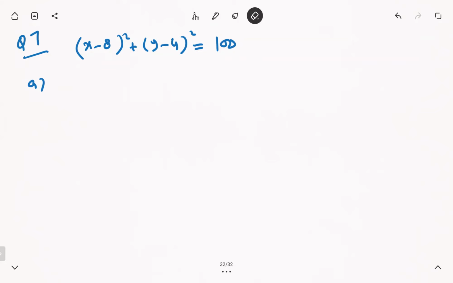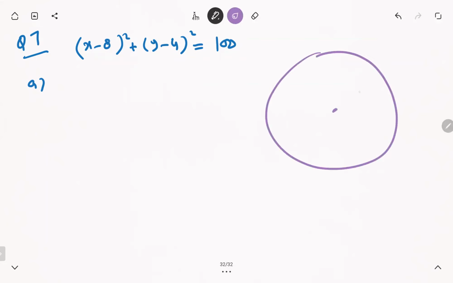But if it is not equal, it doesn't mean it is outside the circle. It can be inside the circle as well. All the points here, even inside the circle, say this point T, will not satisfy that equation. Only the points lying on the circumference will satisfy that equation.